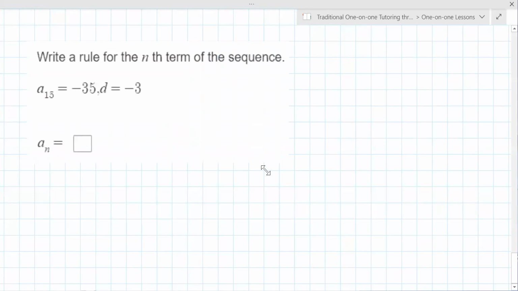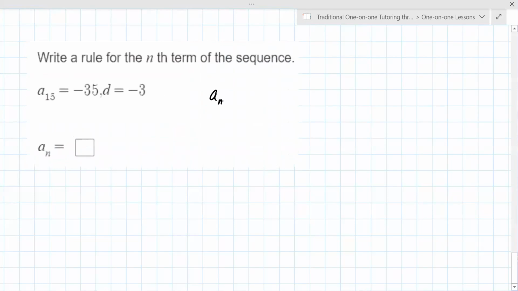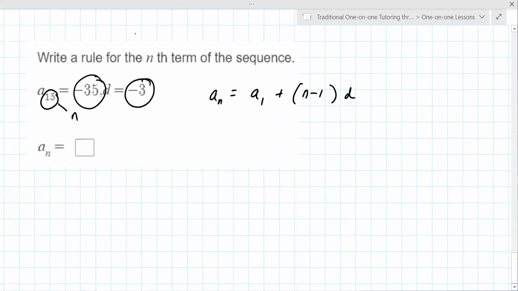Again, I'm very repetitive because there is nothing new about this. You have to know this formula. And you already have d. If it gave you a1, you would just put a1 there and d there and you would be totally done. But since it didn't, you got to go find a1. So to find a1, this is your n, this is d, and this number goes here for a sub n.